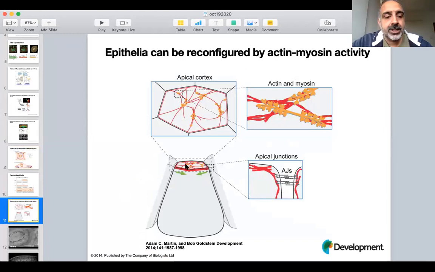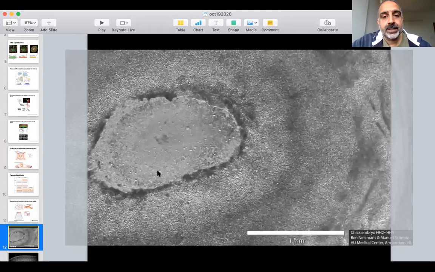But changing shape. So we can change epithelial shape by changing the way actin contracts. Okay. So let's have a look again at this developing embryo.